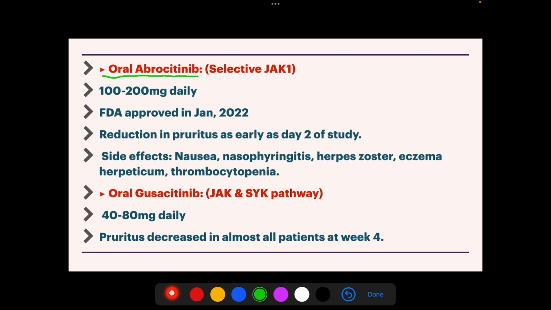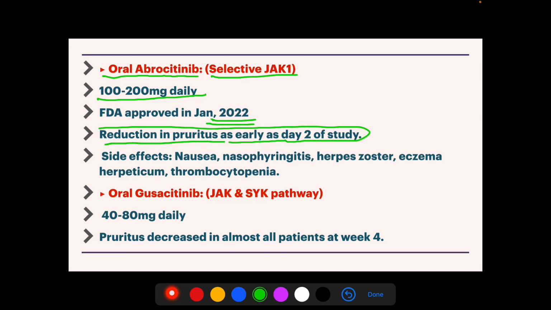Next is oral Abrocitinib, which is a selective JAK1 inhibitor and its dose is 100 to 200 mg daily, approved by FDA in January 2022. Reduction in pruritus as early as day 2 of the study is noted. Side effects include GI side effects, nasopharyngitis, infection with herpes, eczema herpeticum, and thrombocytopenia.